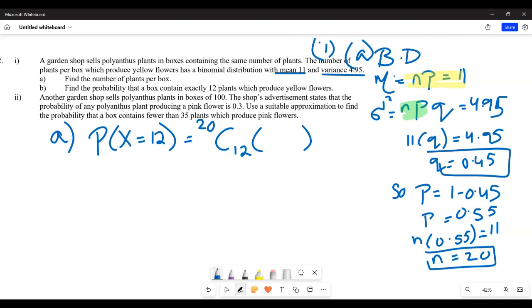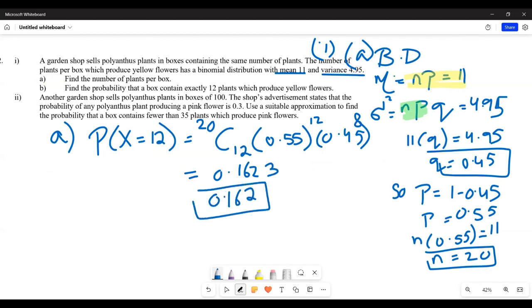It's what was our P, 0.55, power 12, and 1 minus 0.55 or Q, which is 0.45, power 20 minus 12, which is 8. So this comes out to be 0.1623, which is 0.162 in 3 significant figures.